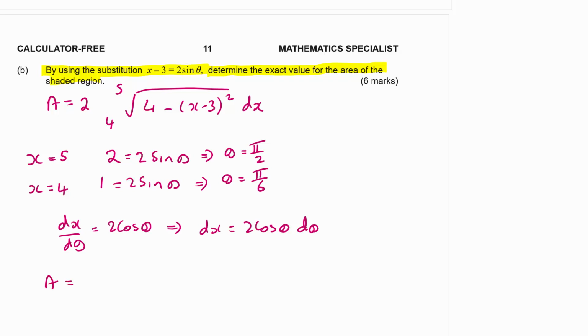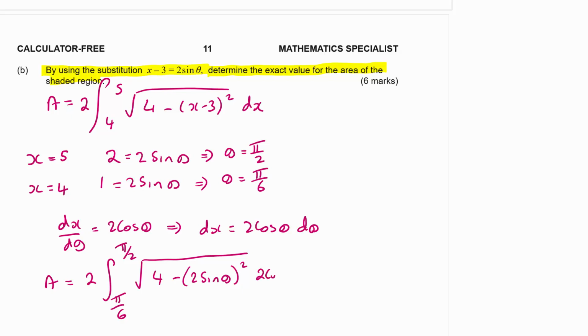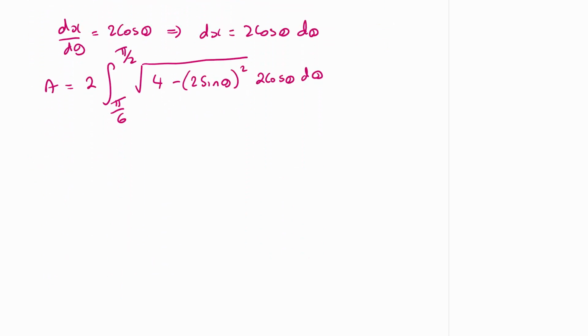So the area is going to be twice the integral from π/6 to π/2 of the square root of 4 − (2 sin θ)², and then the dx is 2 cos θ dθ.